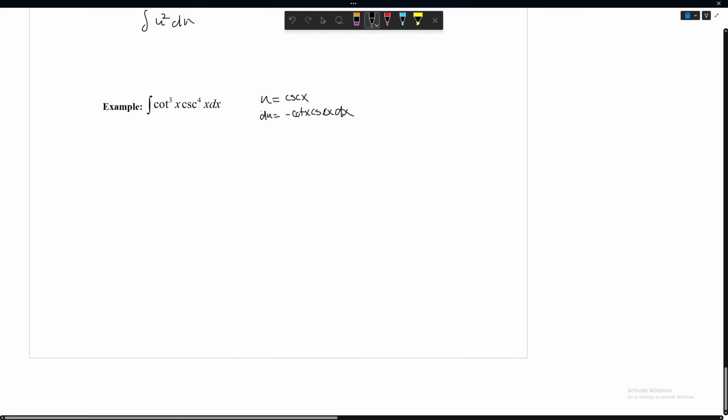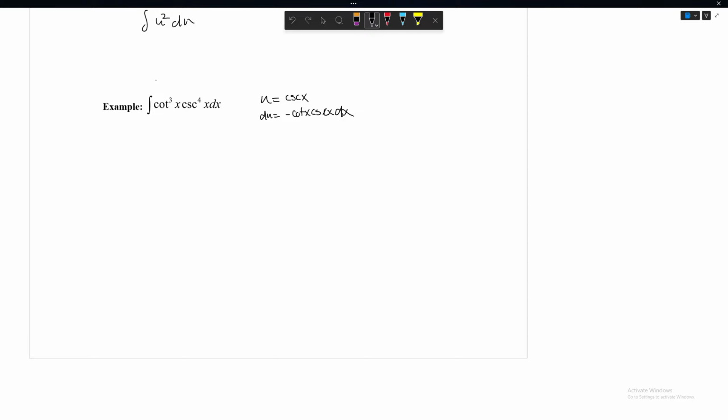Yeah, so now if I replace this, I'm gonna just think about it without writing the whole thing, because you know you want to save time. So my u, I have to leave one cosecant behind, so I'll have a u squared. And then my du will replace one of these, so I'll have cosecant to the power 3. Right, and it will take the second leftover one, my du. And I'm like, huh, I have a cosecant to the power 3 left.